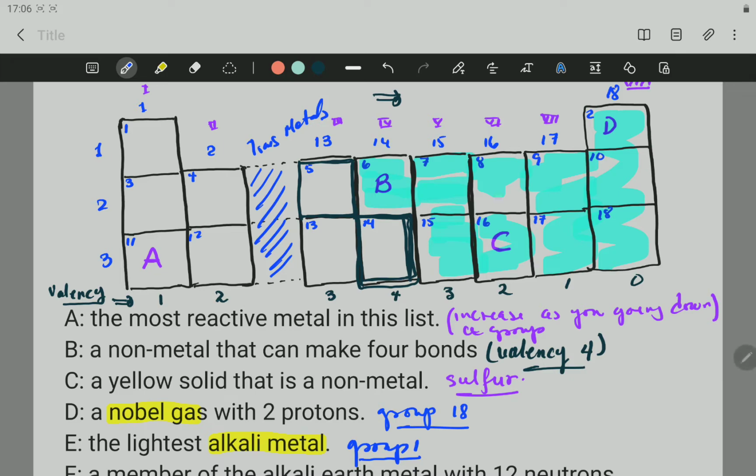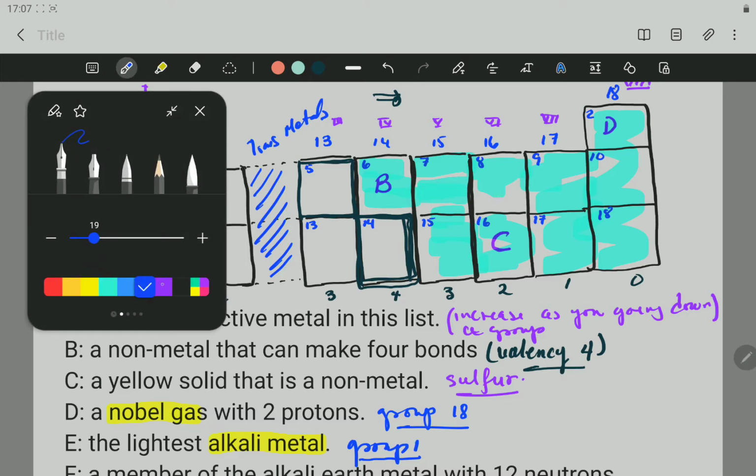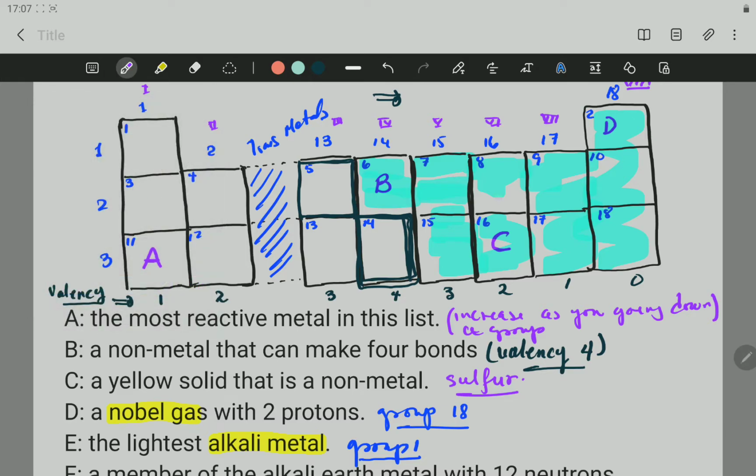So we only have the option of the first 2 blocks. Alright, so the lightest alkali metal is the first metal. As it comes down the group, it will become heavier. So the lightest one is the first element, which in this case will be lithium and corresponds to period 2, so this one is going to be element E.